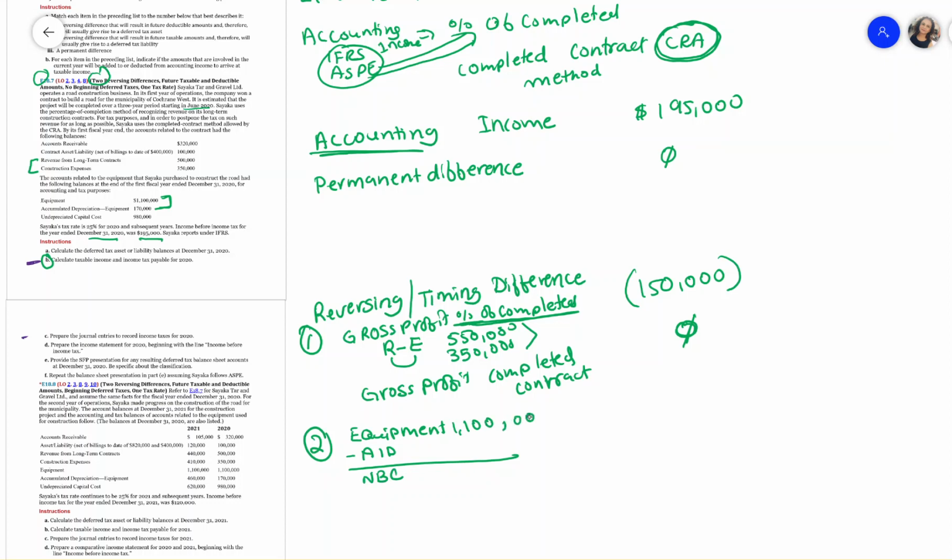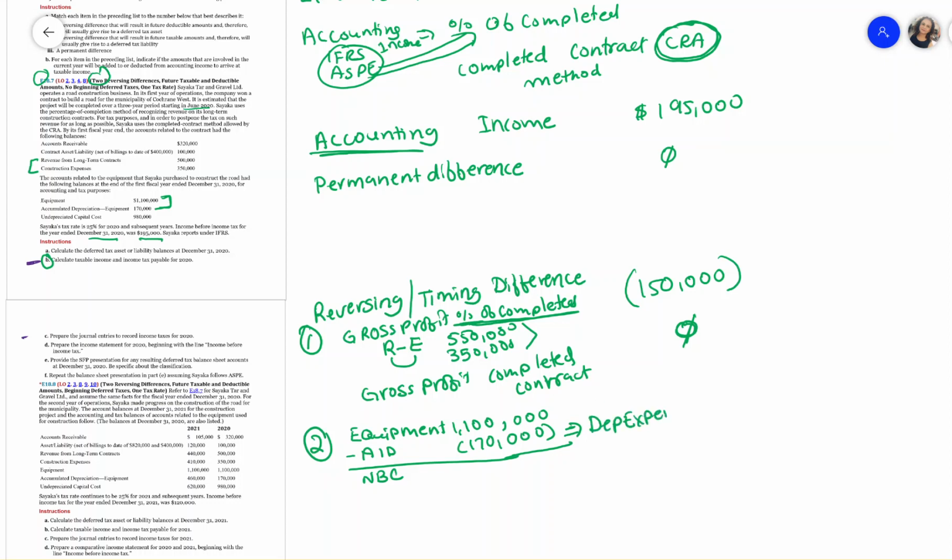In this case, our equipment cost is 1.1 million, and our accumulated depreciation is 170,000.